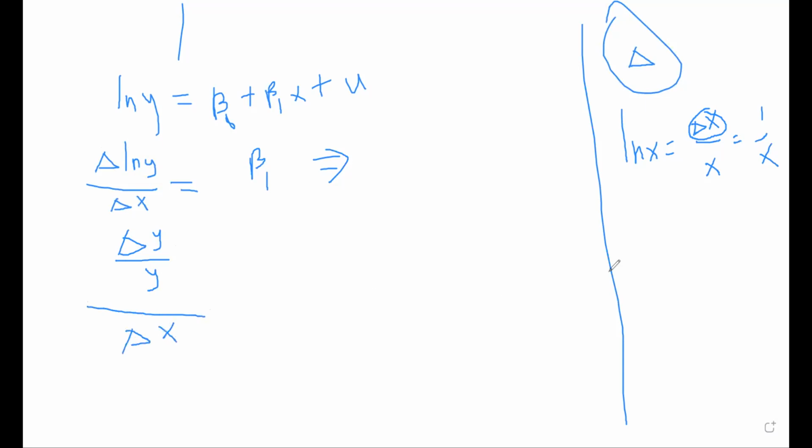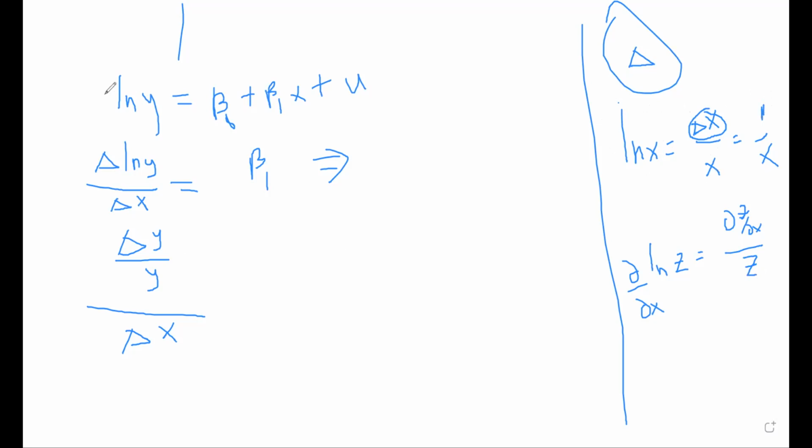Once again, if I want to differentiate ln of z with respect to x, I will differentiate z itself with respect to x and divide by z. To differentiate ln of x, differentiate x with respect to x, you get 1, and you divide by x itself.